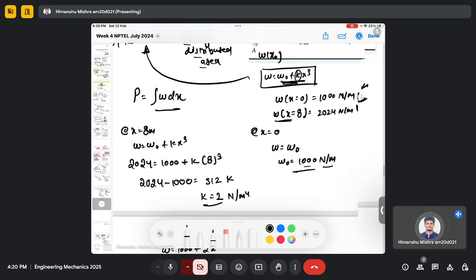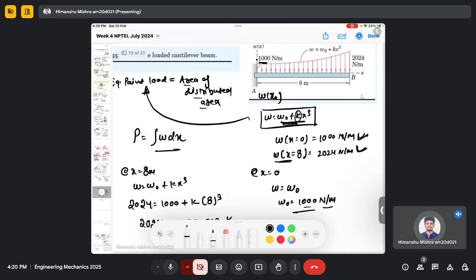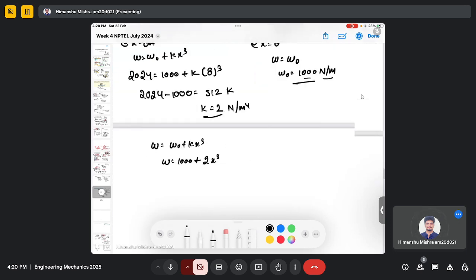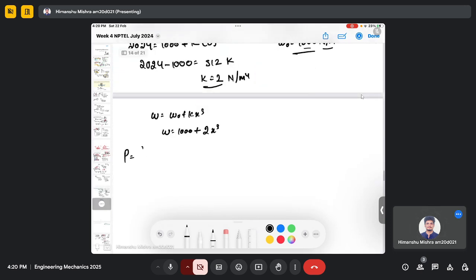Now in order to find the equivalent point load, which is actually the area under the curve, and area can be given by the integral of W dx, integrating from 0 to 8 meter, of 1000 plus 2x cube dx.